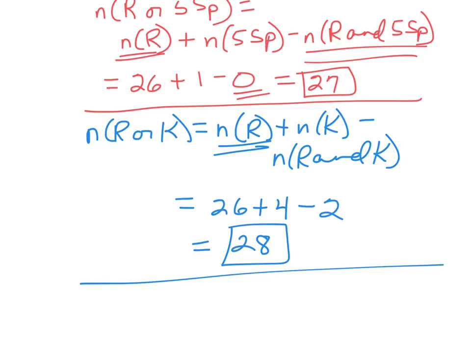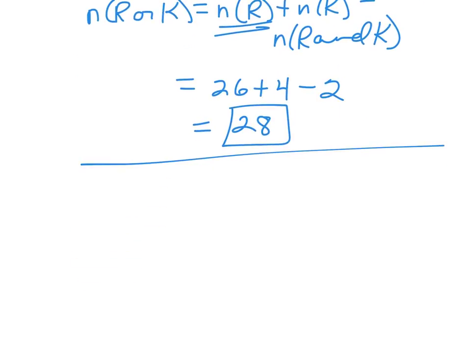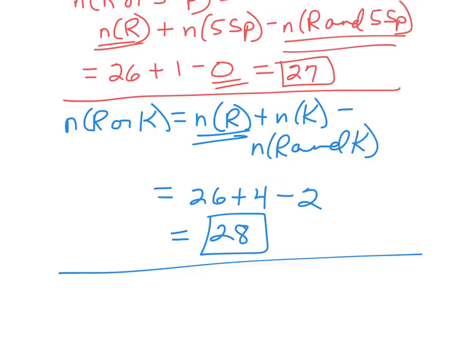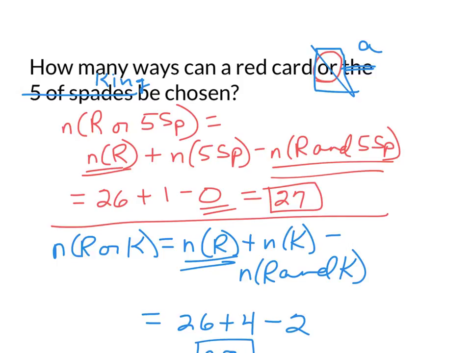Okay, questions, class, about OR problems. Yeah, on the first one, before you changed it to king, you said since the number that contains both of them is 0, then it's disjoint. Yes.